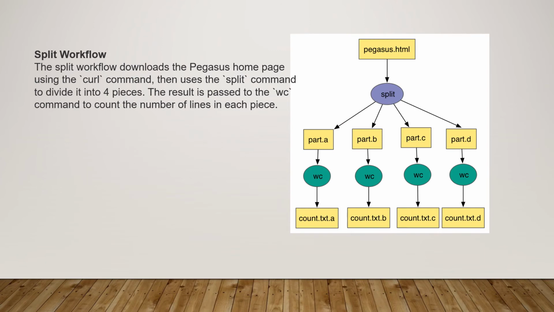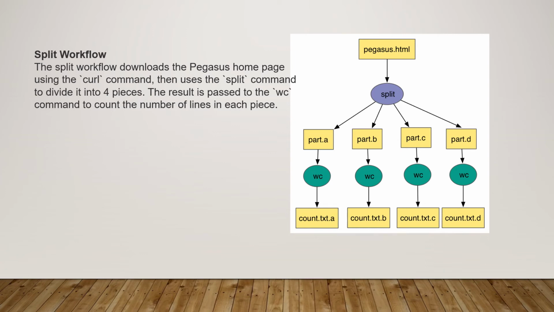Then we have something called a split workflow. Actually, the split workflow downloads the Pegasus home page using the curl command, then uses a split command to divide it into 4 pieces. The result is passed to the wc command to count the number of lines in each piece.